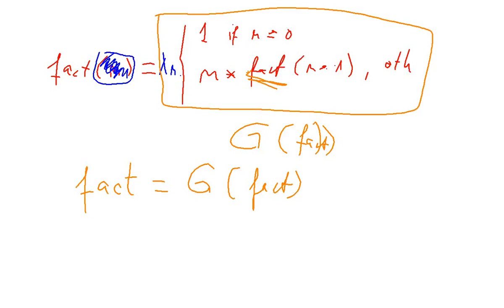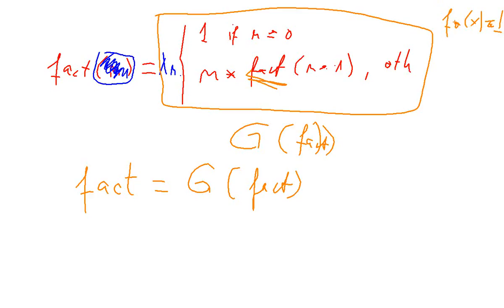And if a function is defined in more places than a previous function, then that function is more precise. I can start with the function that is defined in no places, so I can call it an f0, such that f0 of x equals bottom everywhere for all x's.